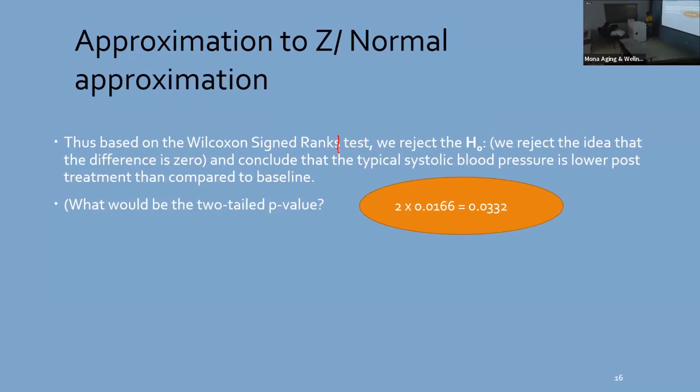Everybody is fine? Even if we just wanted to say, did the drug make a difference, our p-value is 0.0332, which is still lower than our alpha of 0.05. So even if it was a two-tailed test, we would still be rejecting H0. Wonderful.